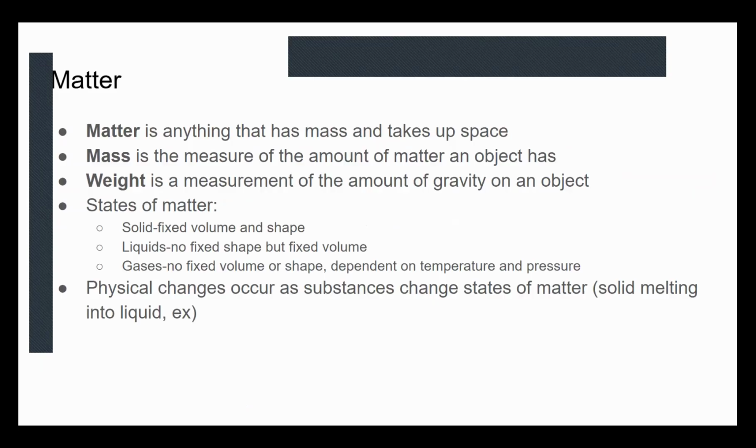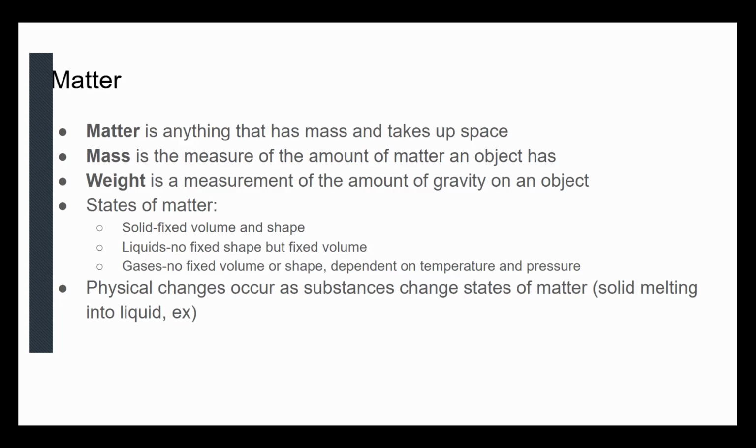So let's talk about matter. Matter is anything that has mass and takes up space. Mass is a measure of the amount of matter an object has. That was something we discussed in the last class. Weight, though, is a measurement of the amount of gravity on an object. So mass and weight differ.